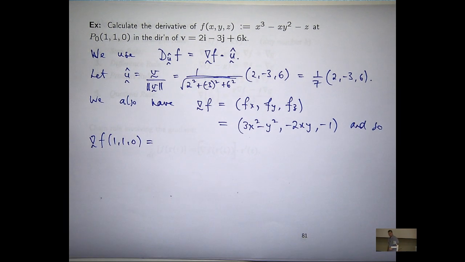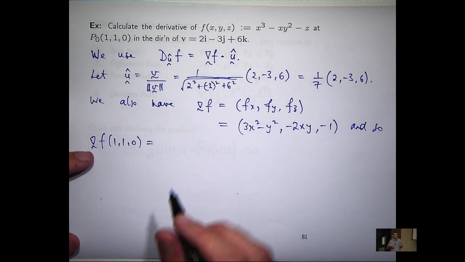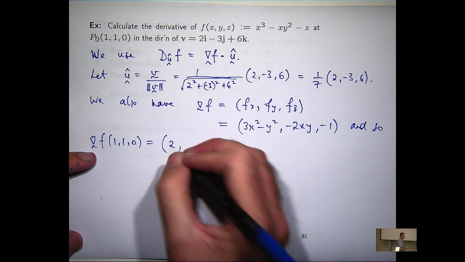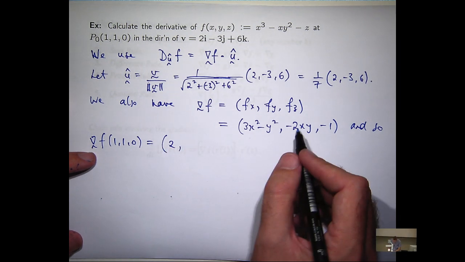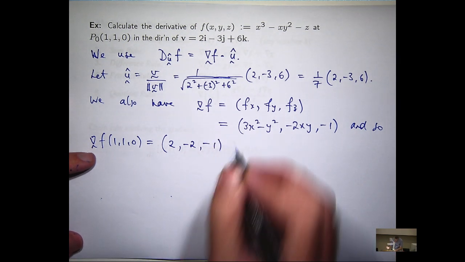So the gradient vector at our point of interest, just sub in. What are we going to get? We're going to get something like 3 minus 1, minus 2 and minus 1.